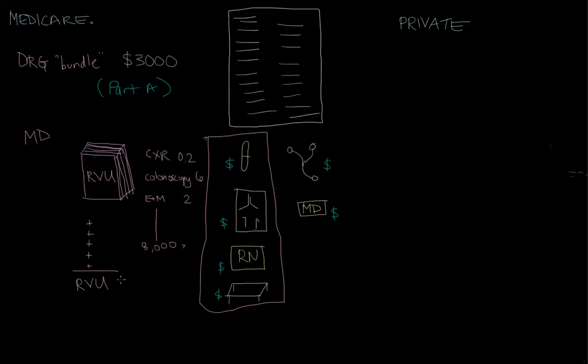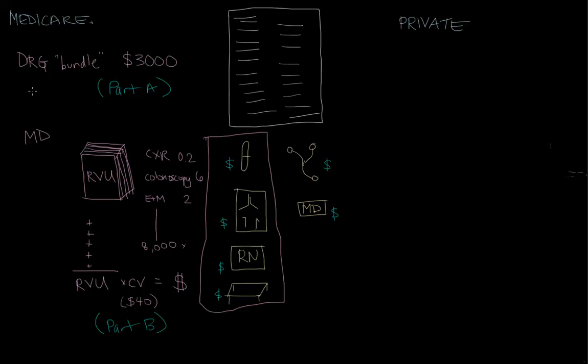They take that number, they multiply it by something called the conversion factor, which is approximately $40. And so they take all the RVUs, they multiply by the conversion factor, and that gives you your doctor's bill. That doctor's bill, I'm going to put it in green here, is typically paid for by Medicare Part B.